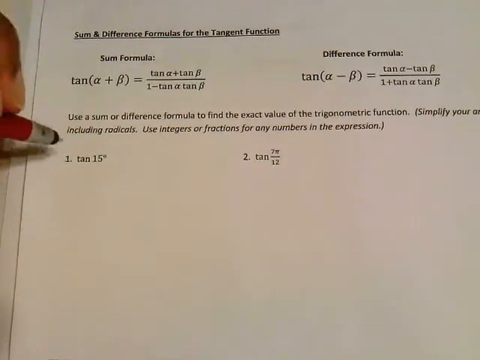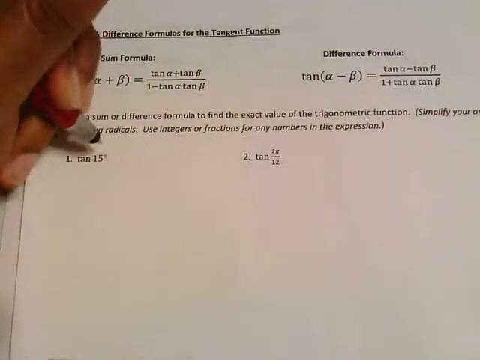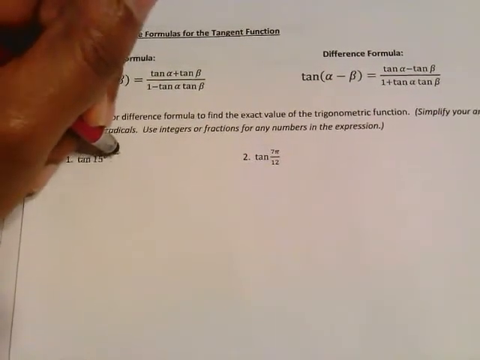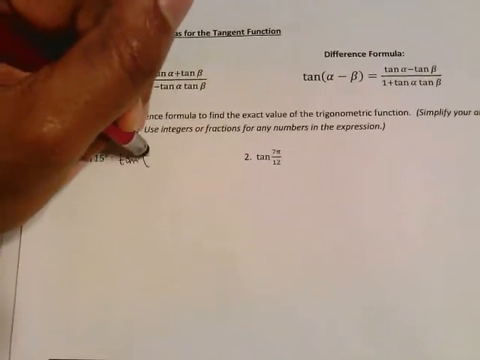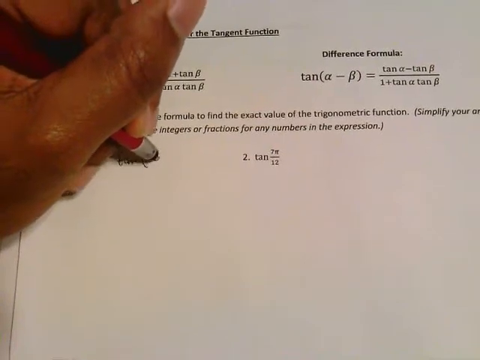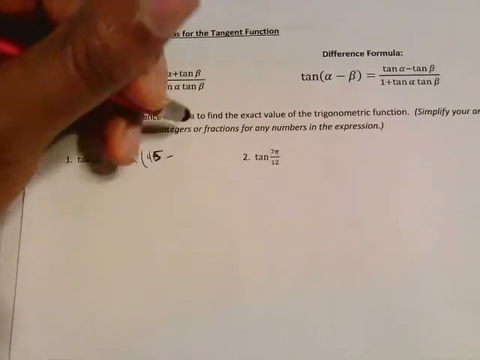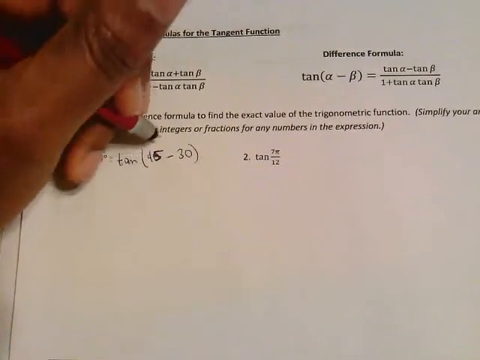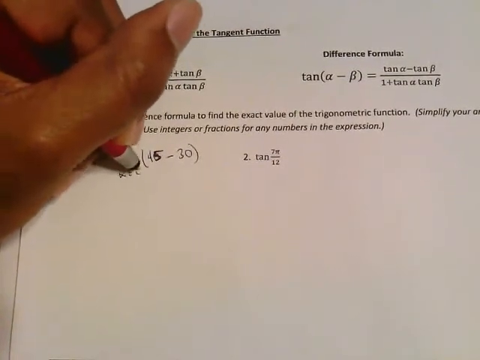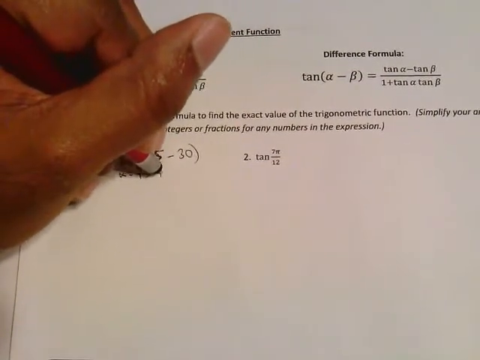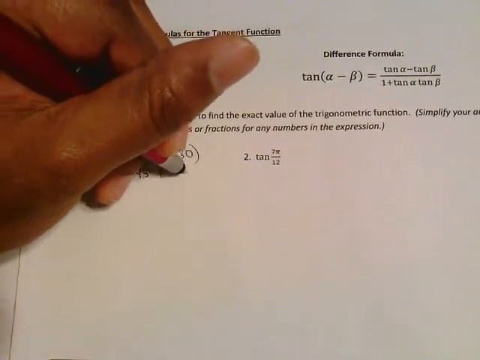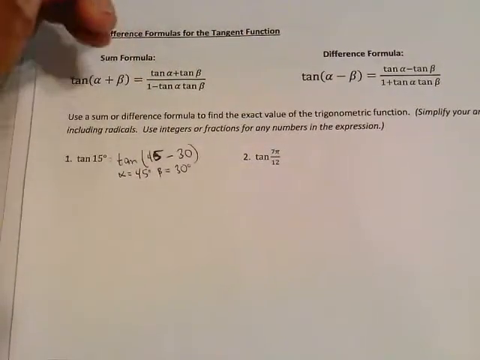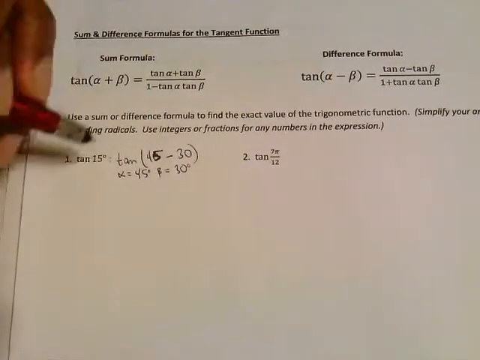So with tangent of 15, we can change that into a difference, where in this case, it'll be tangent of 45 minus 30, where alpha is 45 degrees, beta is 30 degrees, and then we'll plug that into our difference formula.